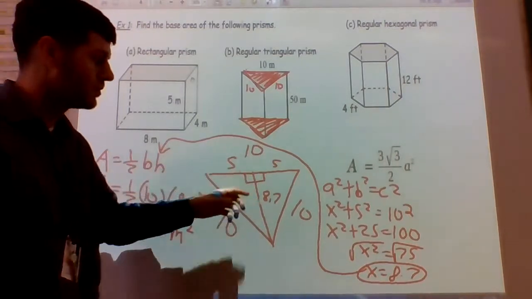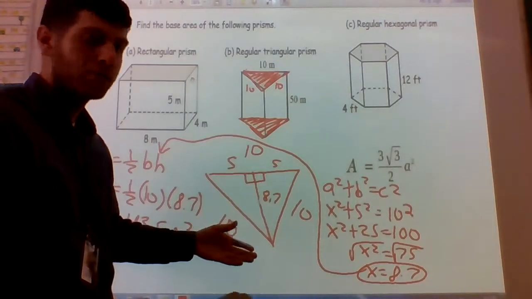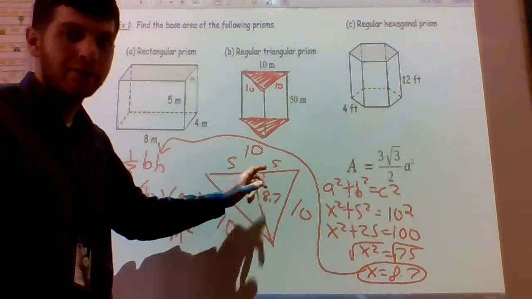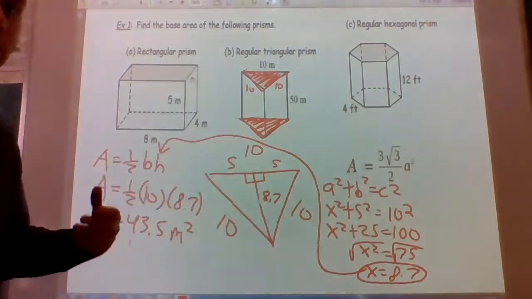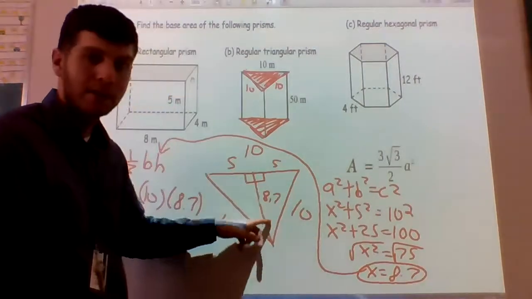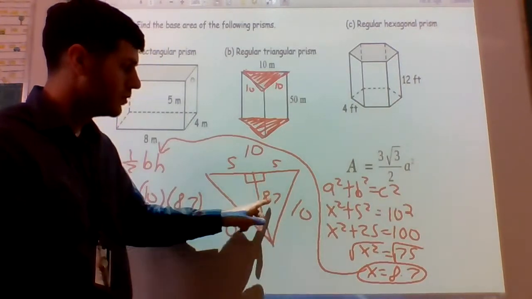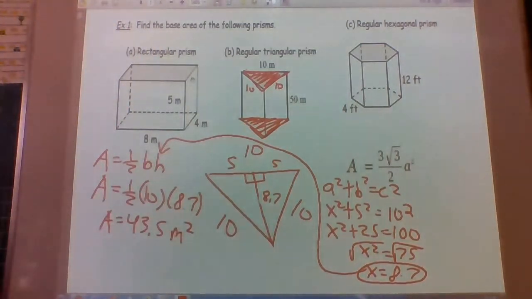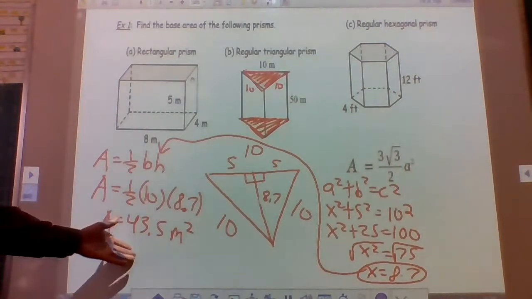Okay, that altitude, since it's a regular triangle, it's an equilateral triangle, it bisected the base, splitting it into two pieces of 5. And it also was perpendicular to the base, so it would form right angles. Since we had right angles, we could use the Pythagorean theorem to solve for that height. So it was 5 squared plus x squared equals 10 squared. We solved for x, it was 8.7, so we plugged that into the area formula for the height, and we're then able to find the area of that triangle.